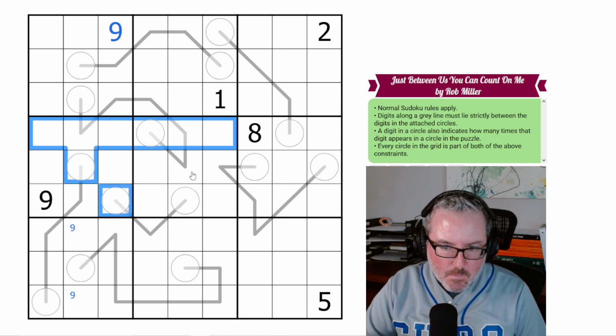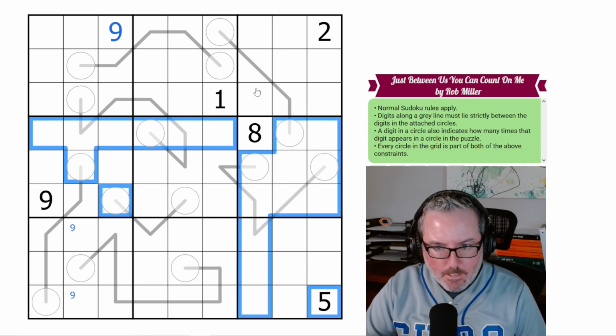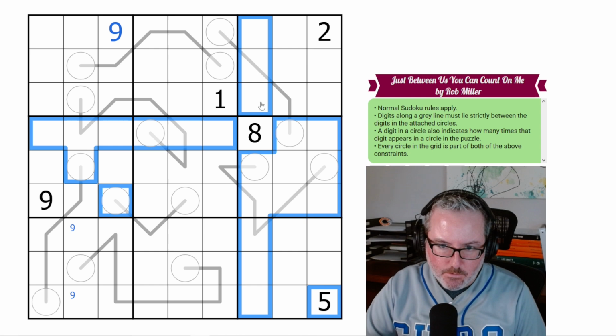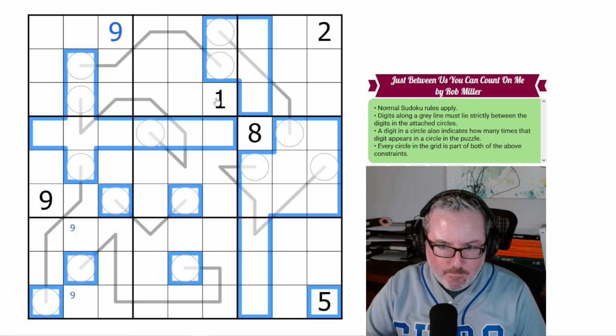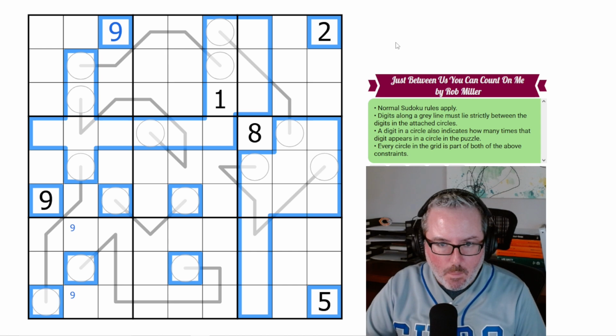Now, we can't rule out 8s being on the line just yet, unless we can make some further understandings of what can and cannot have.